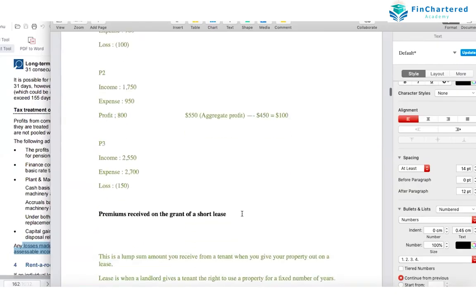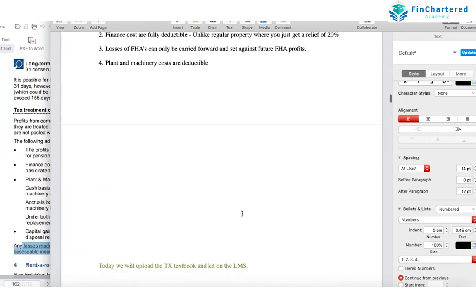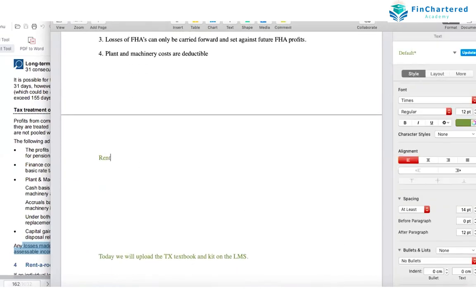How do you do rent a room relief? Very simple. Now again, I'm putting it in bold, but this is what it says. It applies in your main residence, maybe there is one spare room. Maybe you don't use all rooms.